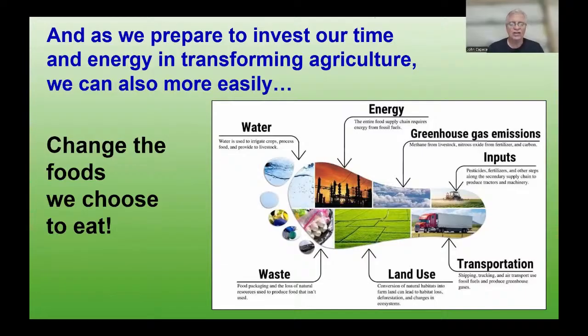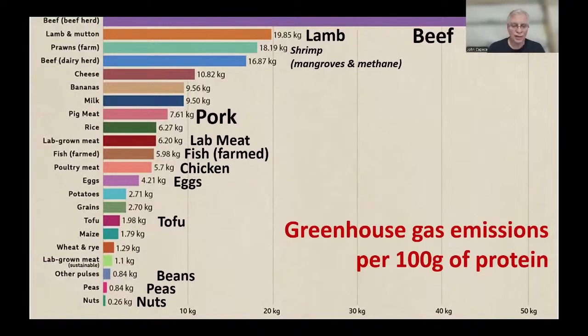So let's look at the numbers regarding how different food choices stack up against one another in terms of greenhouse gas emissions. This first chart shows the greenhouse gas emissions generated from the foods based on their protein content.